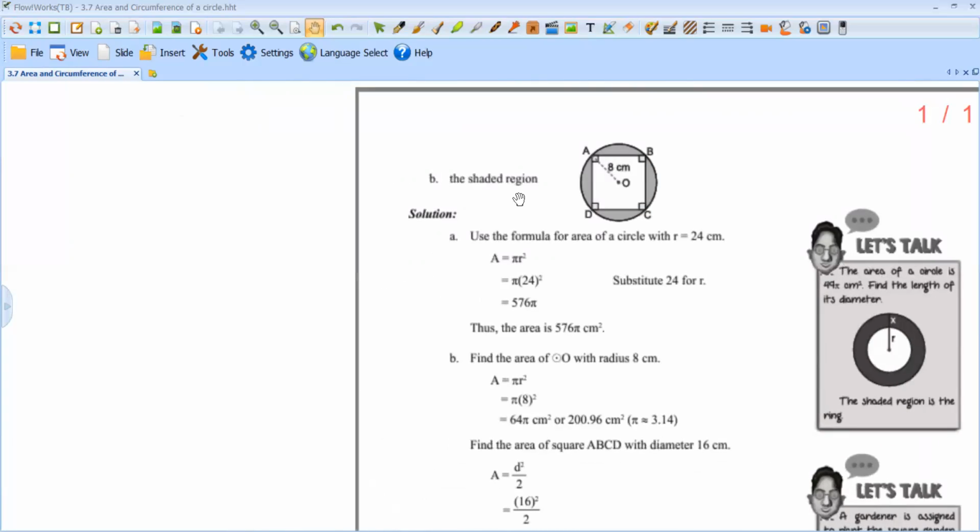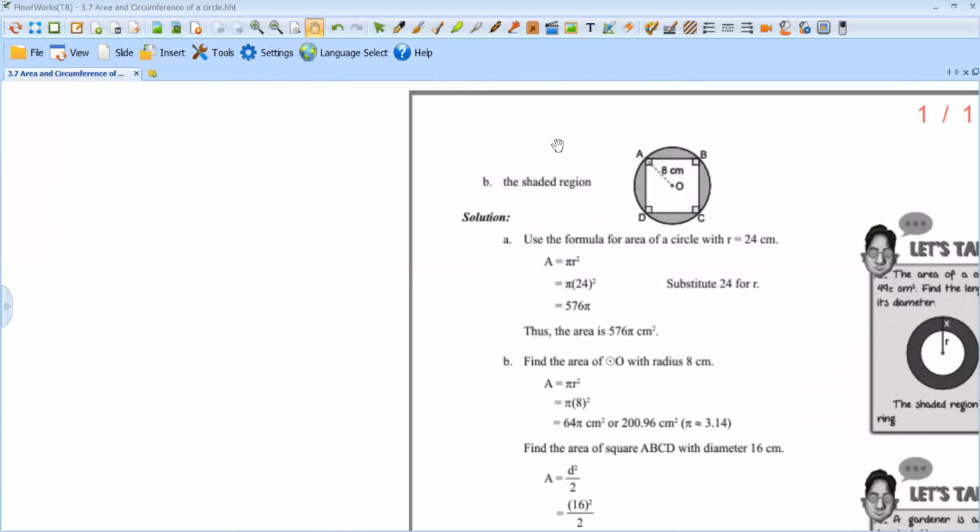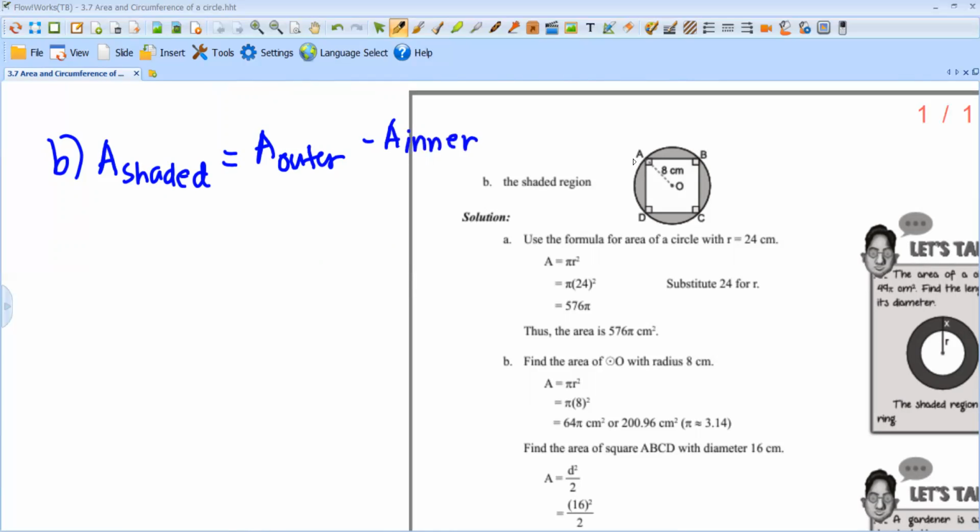So let us see letter B. Find the area of the shaded region. You know that you need to get the area of the shaded. Area shaded is equal to area of the outer minus area of the inner. Right? So the outer is a circle and the inner is a square.